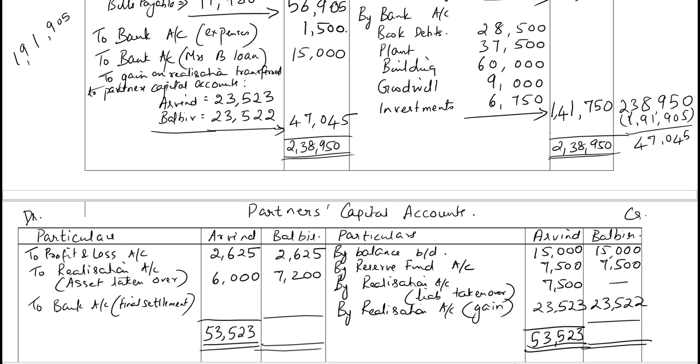And on subtracting the total of the debit side, in the case of Arvind, it's 8,625. We get 44,898 rupees as the balancing figure.